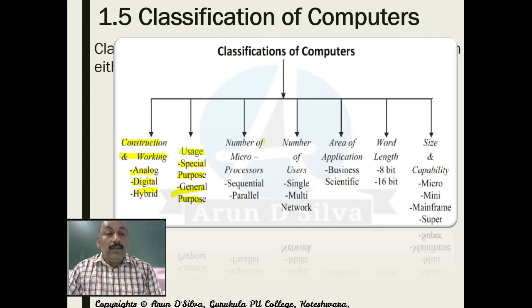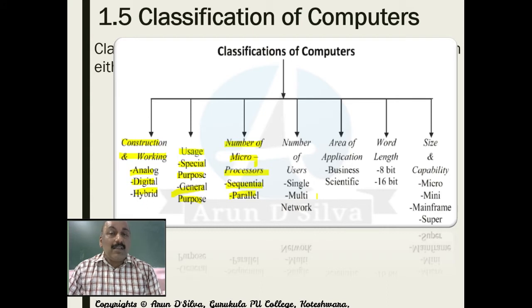The third way is the number of microprocessors used. There are 2 groups: one is sequential, the other is parallel. This is about how the processors are used in the computer. In one case processors are used one by one, or in the other, parallelly, where more than one processor is performing at a time.